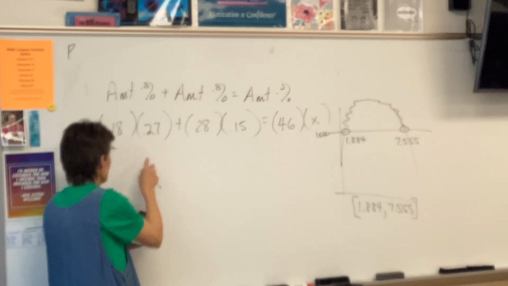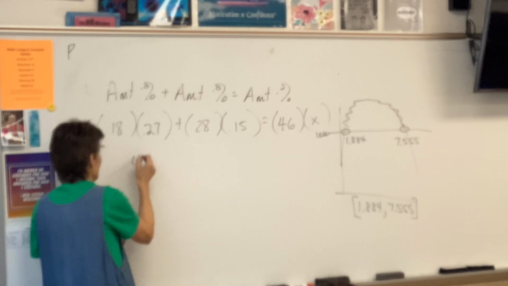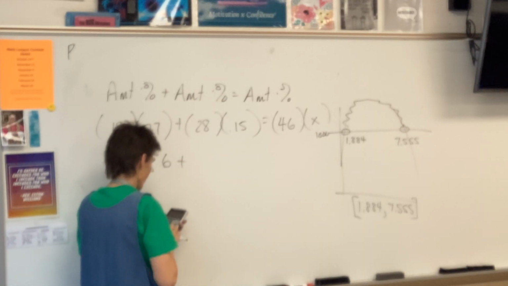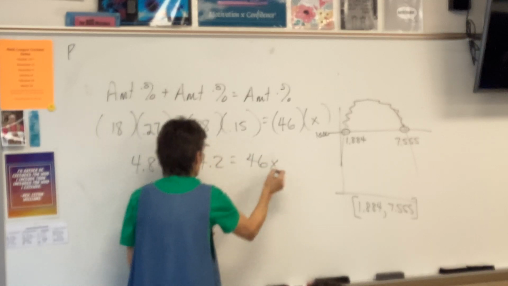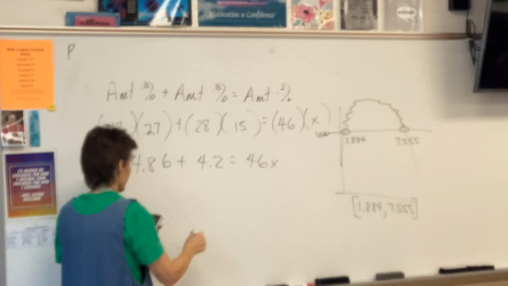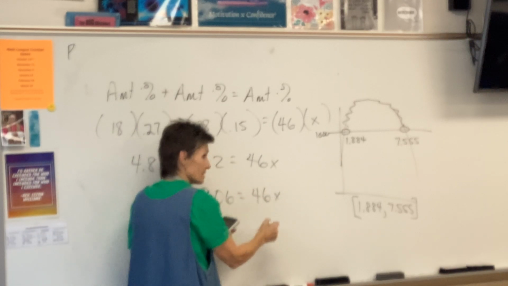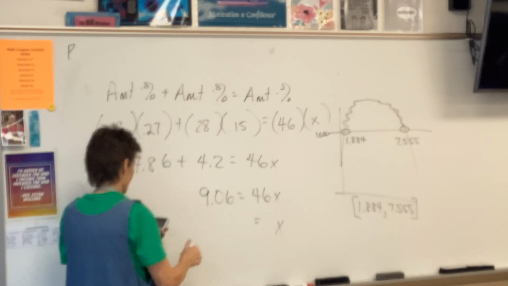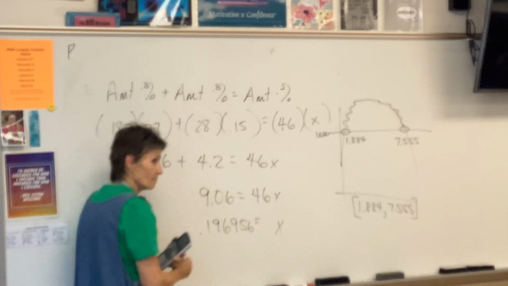So here we go, 18 times 0.27, and 28 times 0.15. I'm gonna add those together. 9.06 equals 46x. x is 0.196956.